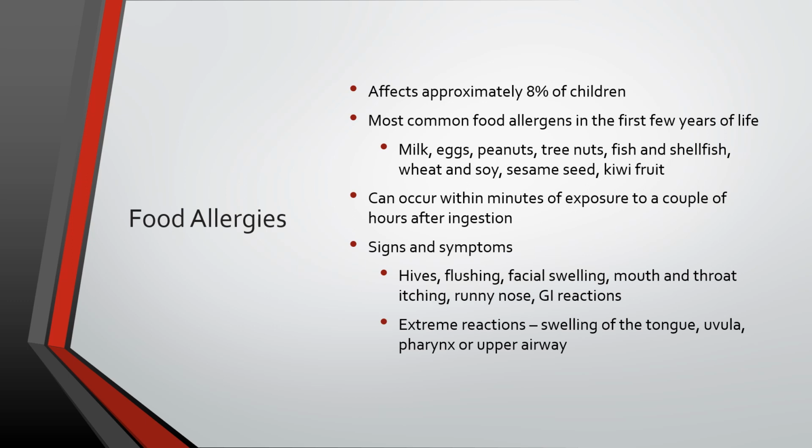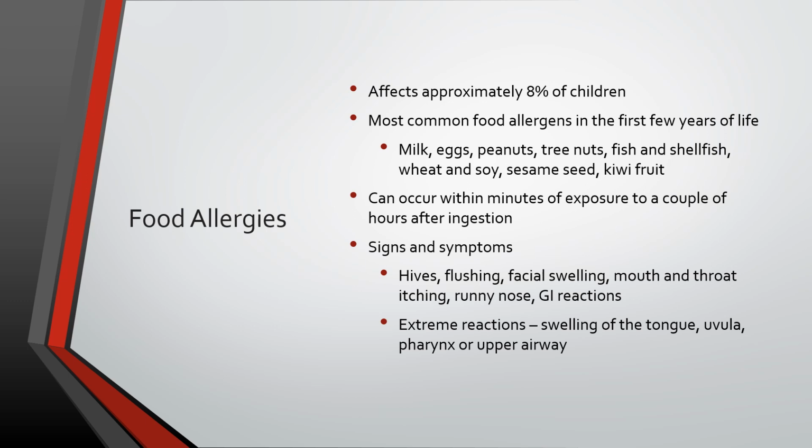The most common food allergens in the first few years of life are milk, eggs, peanuts, tree nuts, fish, shellfish, wheat and soy, sesame seed, and kiwi fruit. Peanuts, tree nuts, fish, and shellfish can persist into adult life. These reactions can occur within minutes of exposure to a couple of hours after ingestion.